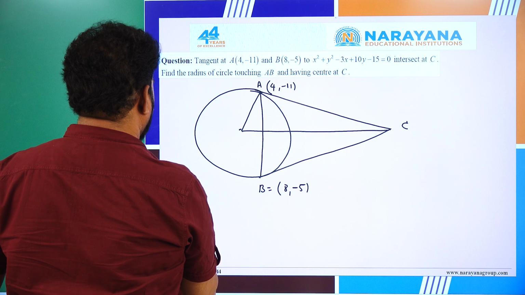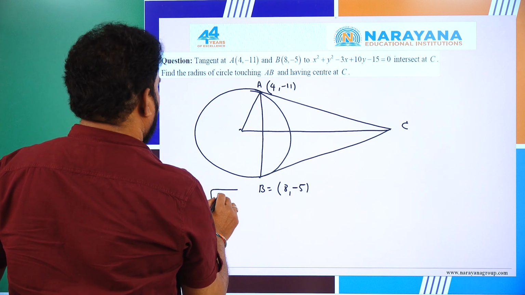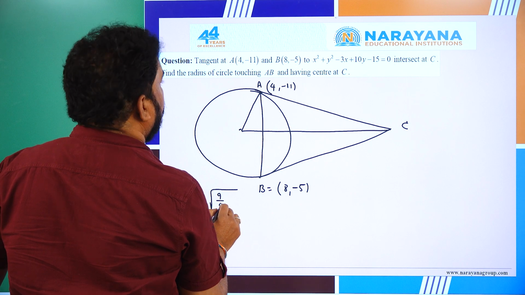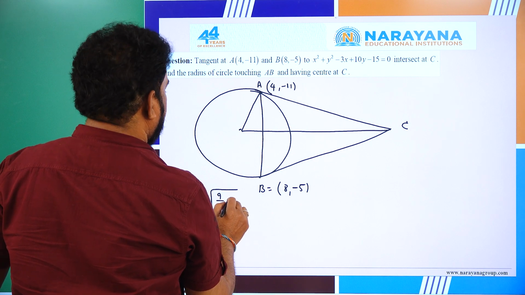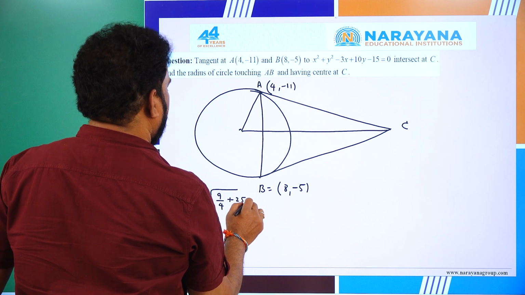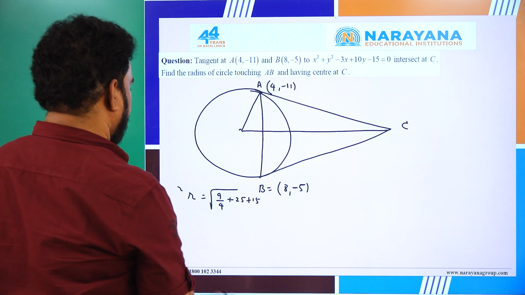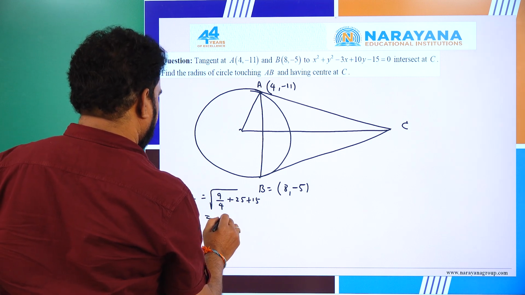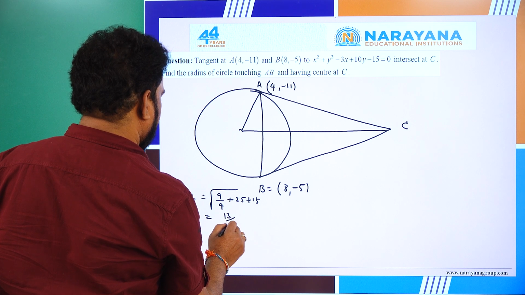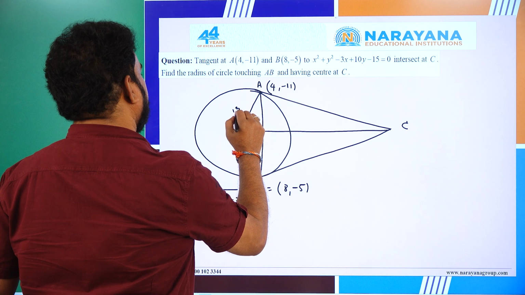So r is equal to the square root of 9/4 + 25 + 15, which is 169/4, so it becomes 13/2. So the radius of the circle is 13/2.